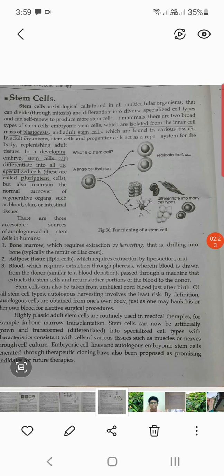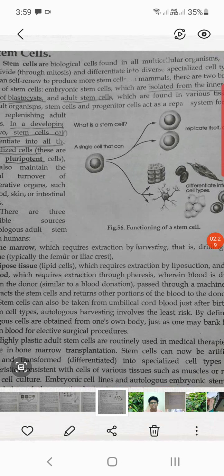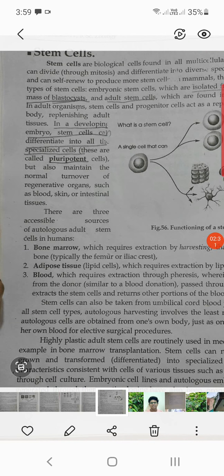Now, where do we get these stem cells? There are three accessible sources. The first one is the bone marrow, then adipose cells, that is lipid cells, and third is the blood, which requires extraction through pheresis, wherein blood is drawn from the donor.